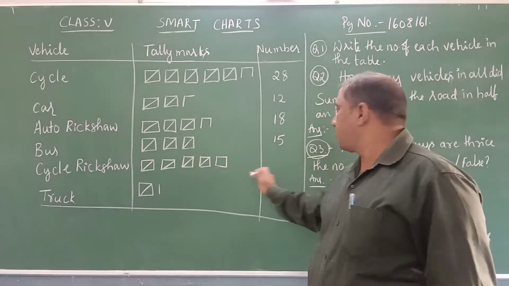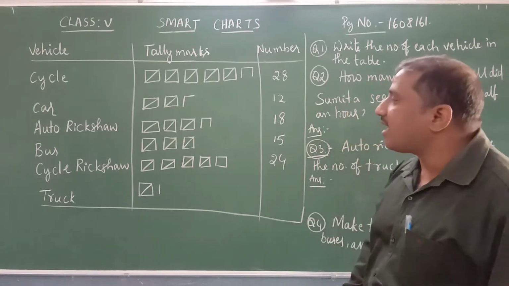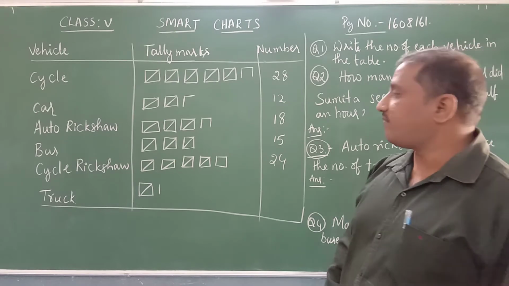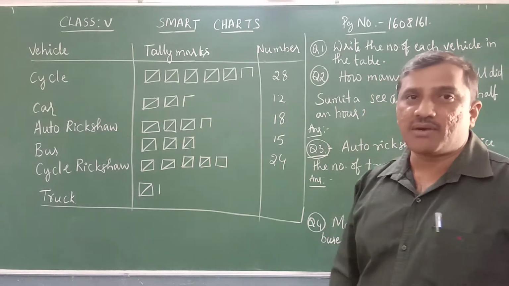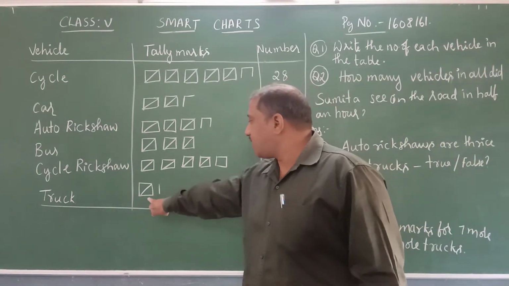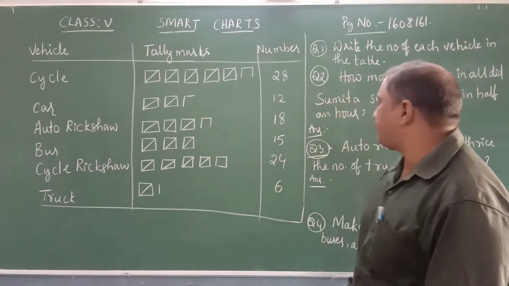So the total is 24 cycle rickshaws in half an hour. Now trucks. Here it is 5 plus 1, 6. So 6 trucks she identified.